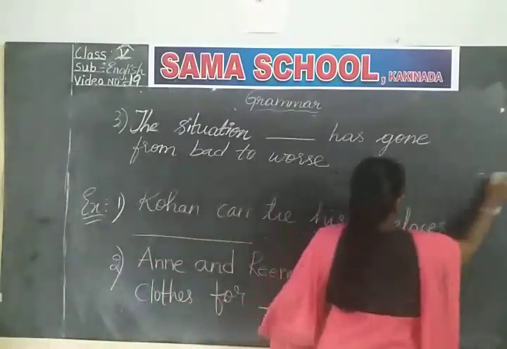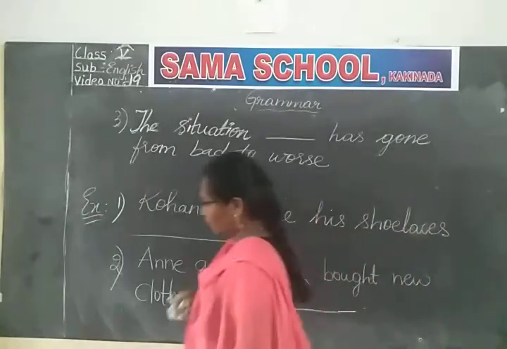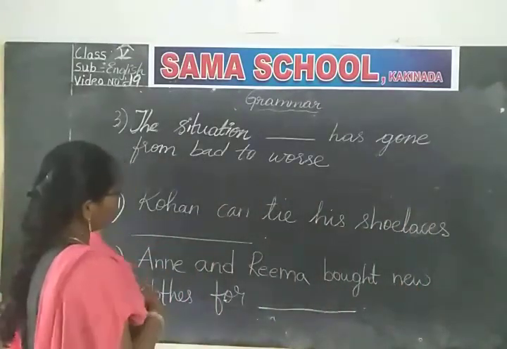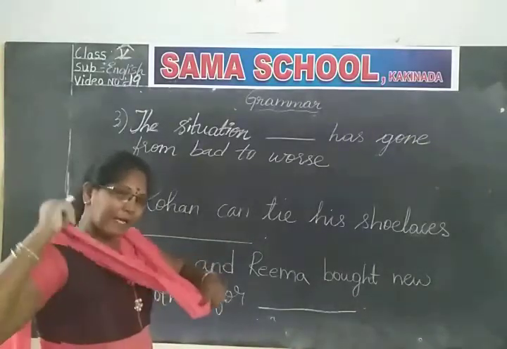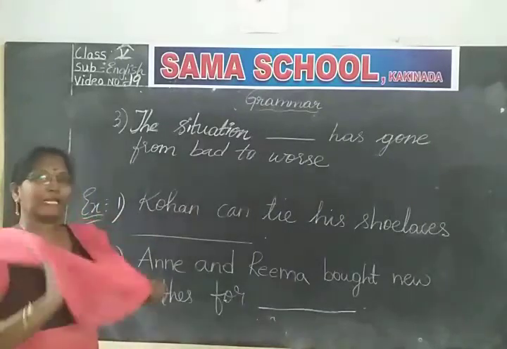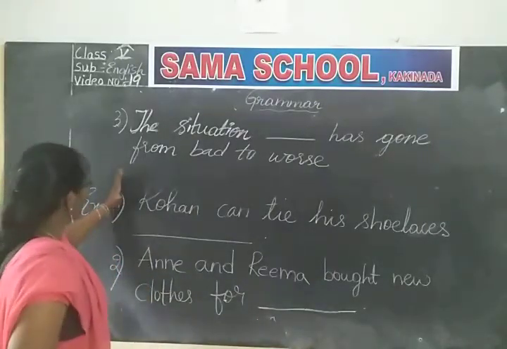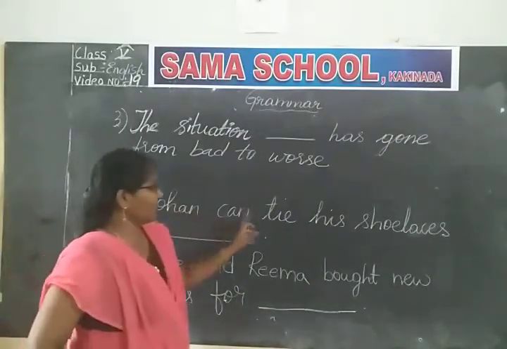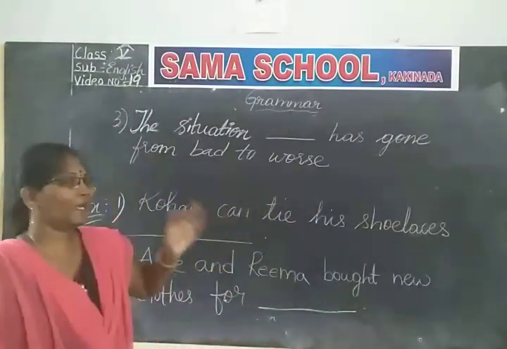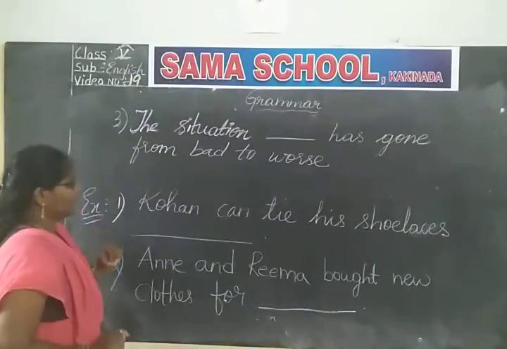So here, what pronoun will come? As usual, first you have to identify the subject, and then you have to write either the emphatic pronoun or the reflexive pronoun. Let us come to the first one. Rohan can tie his shoelaces.